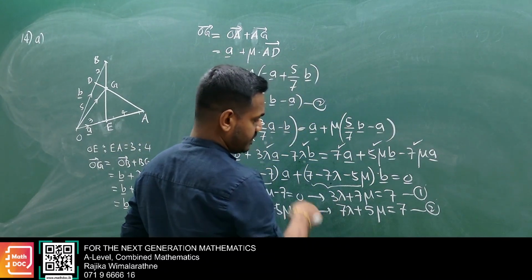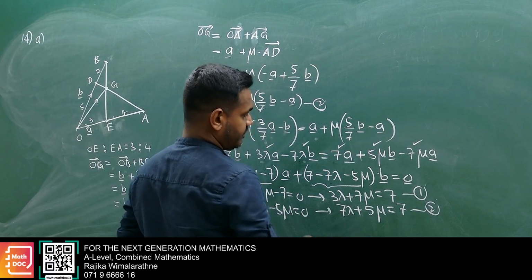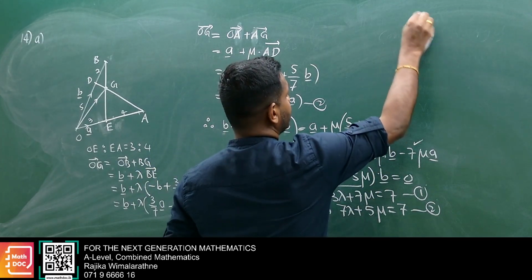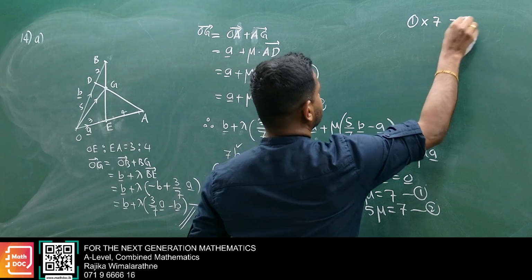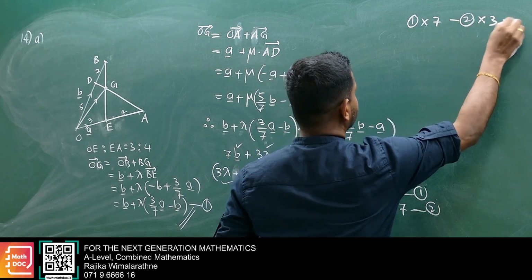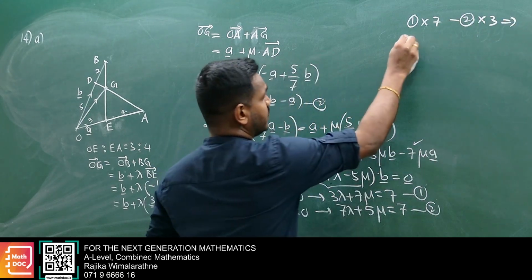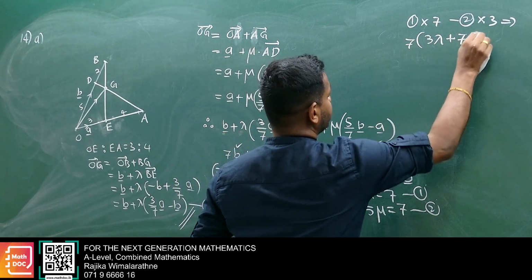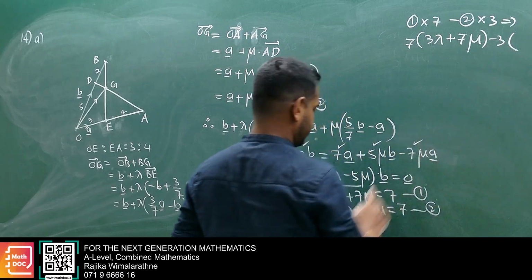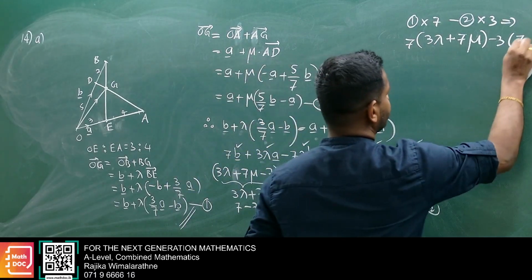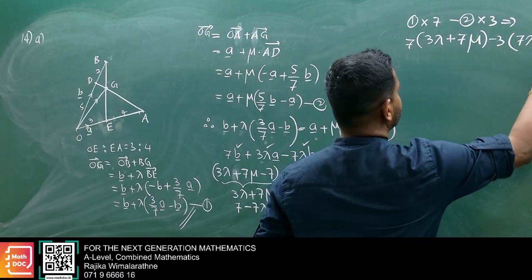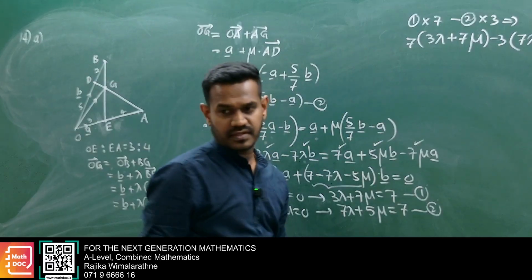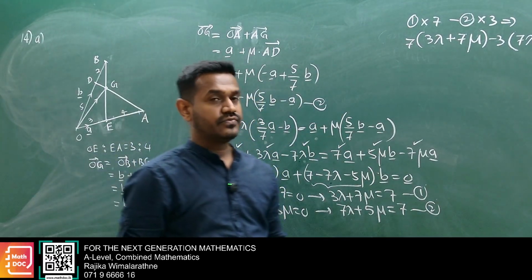Then multiply the first equation by 7 and the second by 3. Then 3 lambda 7 mu, 3 times 7 lambda 5 mu, and go further.